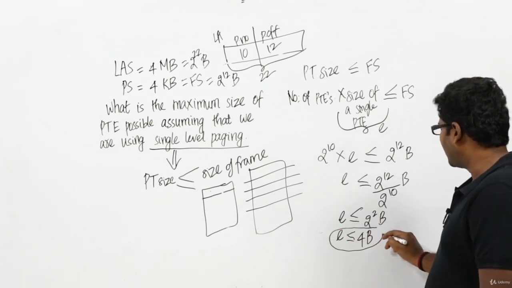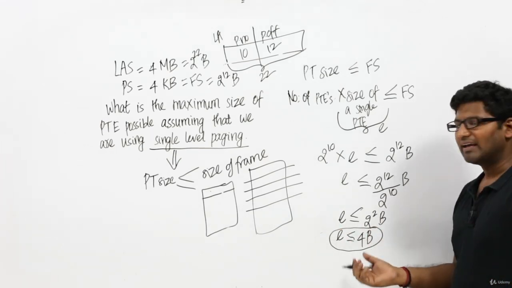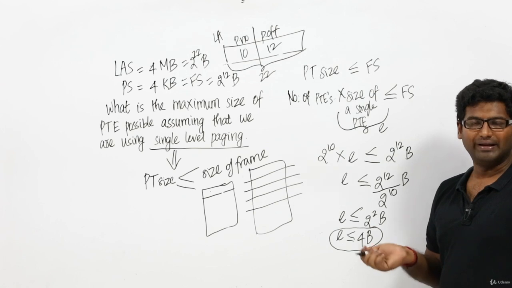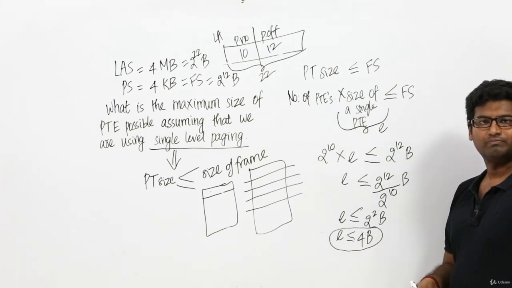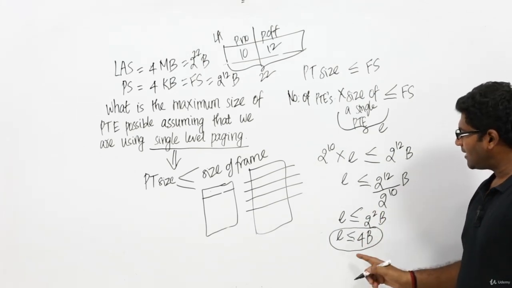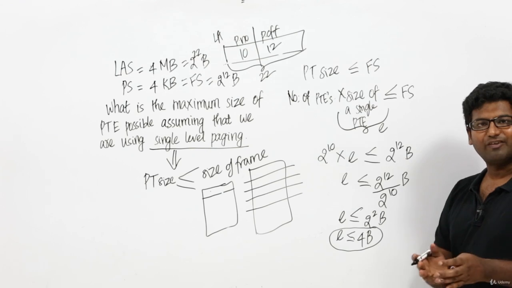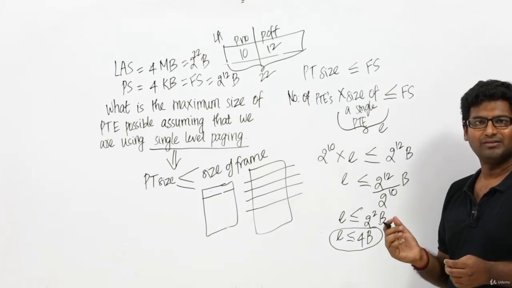What does it mean? The size of a single page table entry should be less than or equal to 4 bytes. Now what will happen if I increase the size of the page table entry above 4 bytes?